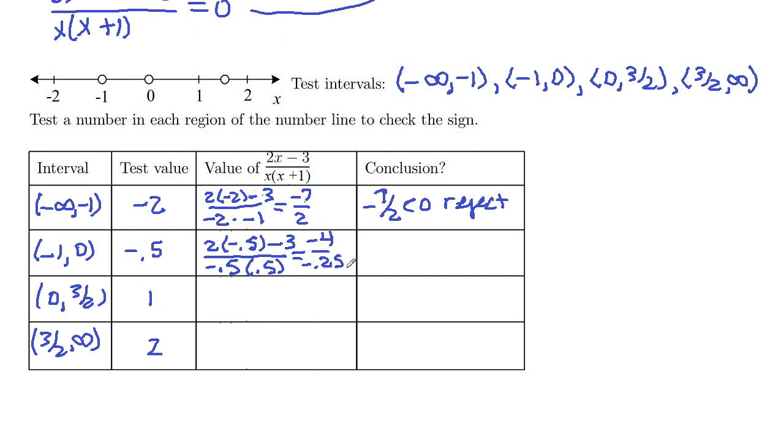So negative 4 divided by negative 0.25, that's going to actually be positive 16. That's greater than 0. So that interval we are going to keep. That's part of the solution.